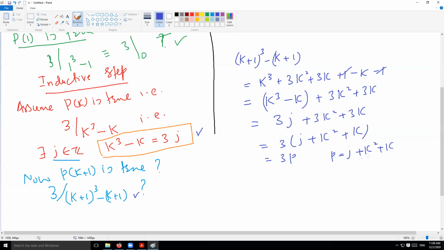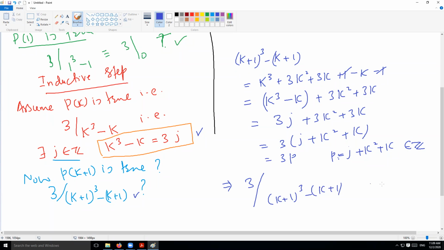And is this an integer actually? The answer is yes, because j is an integer, k is an integer, so this entire thing is an integer. So what did I just prove? I proved that (k+1) cube minus (k+1) is equal to 3 times some integer. So this shows that 3 indeed divides (k+1) cube minus (k+1).